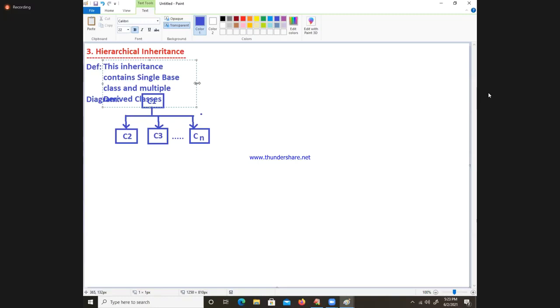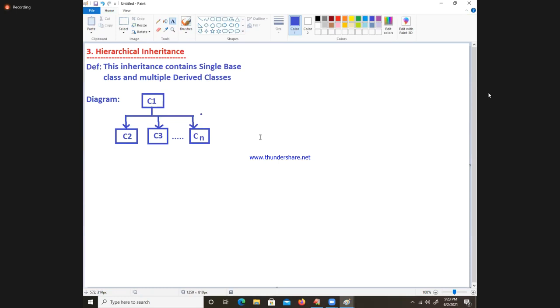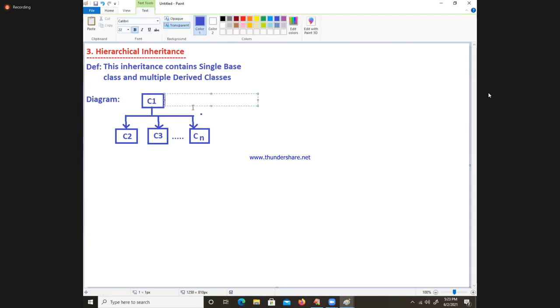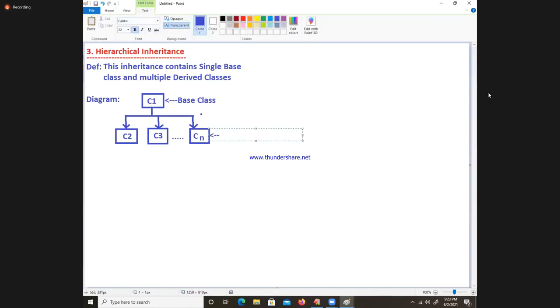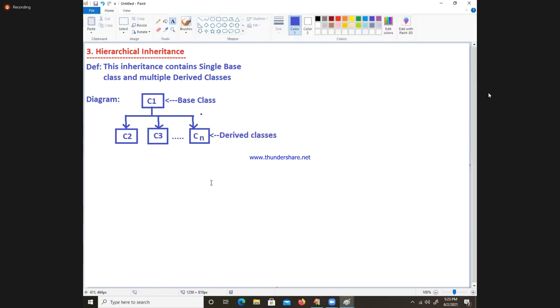This type of inheritance is known as hierarchical inheritance. Okay. C1 is known as which class? Base class. What are C2, C3, Cn called? Derived classes. Right.